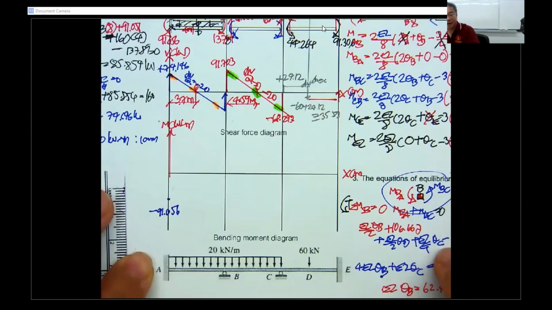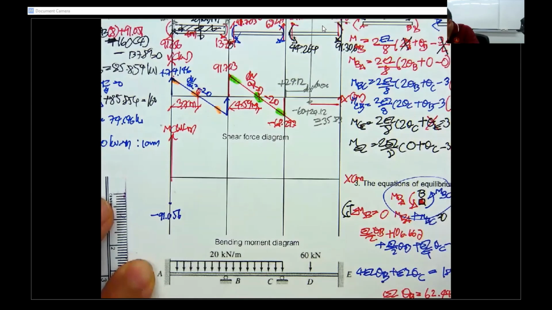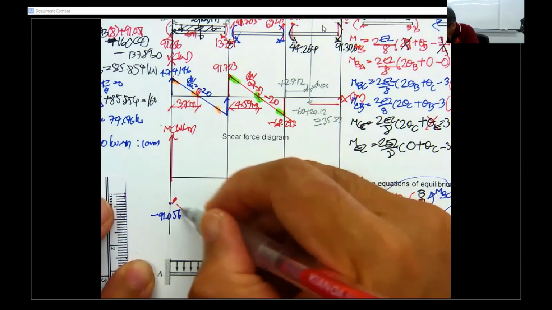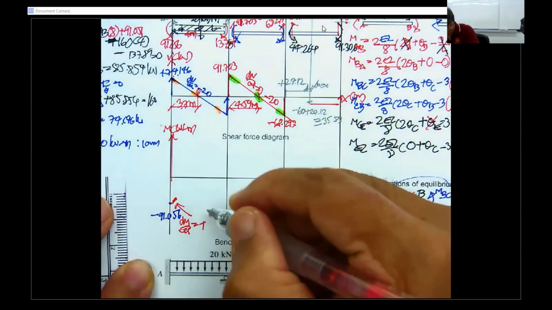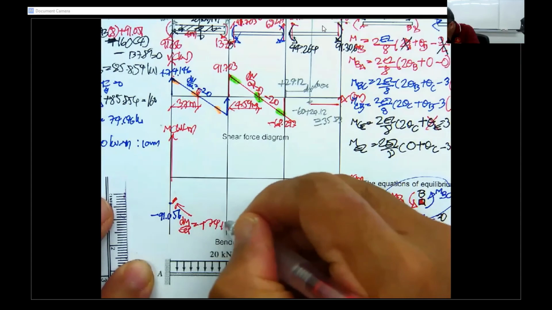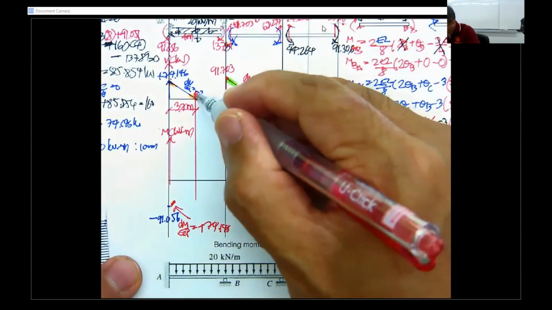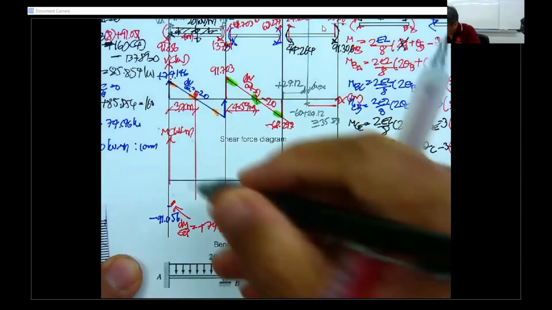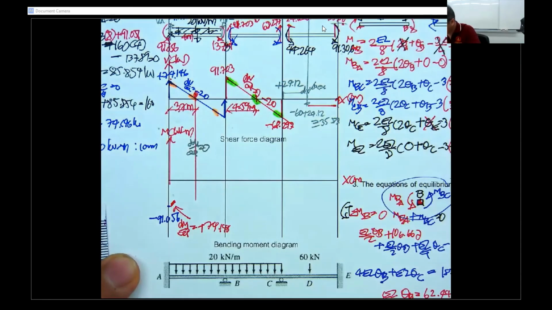And then a little bit further, you have this one of slope, dM/dx equal to positive 74.146. And for sure, this one will go up. And since this one is 0, the dM/dx equals 0 over here.